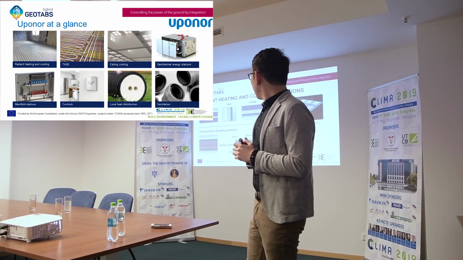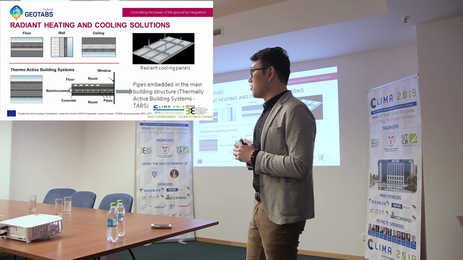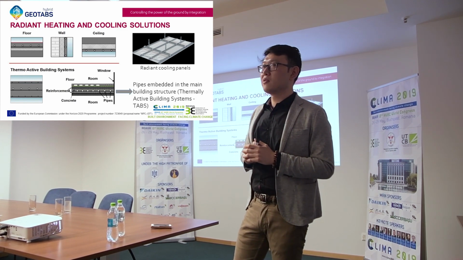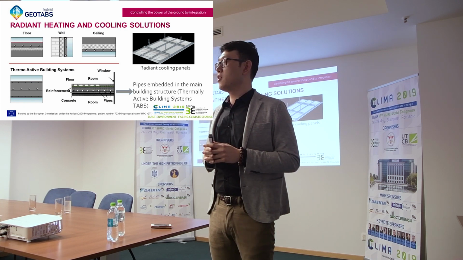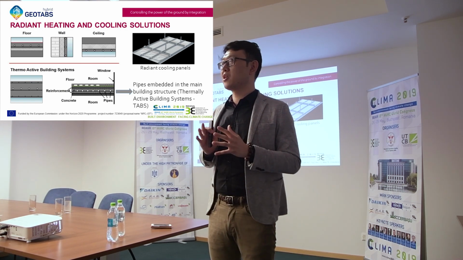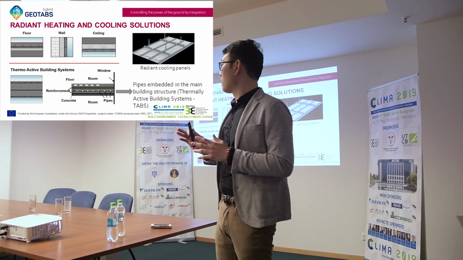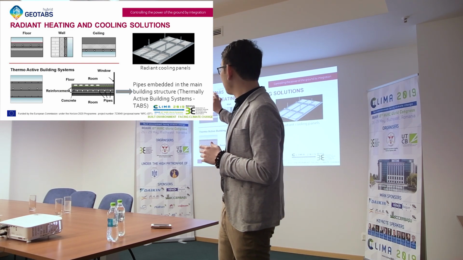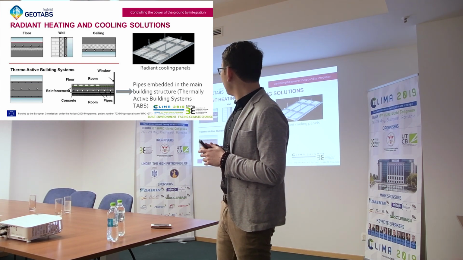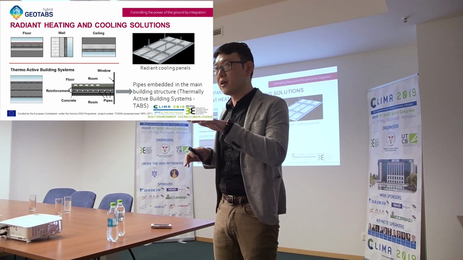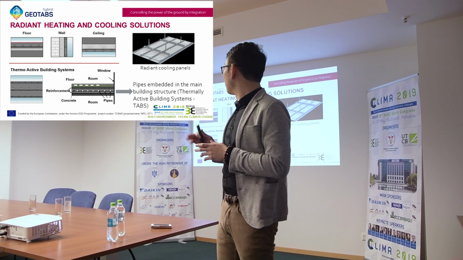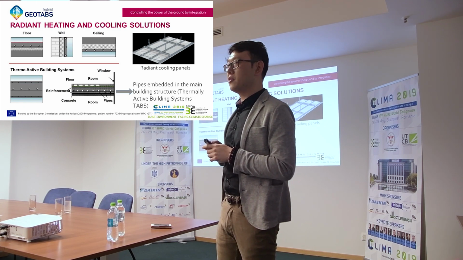So we come to the main content today: TABS. When we're talking about TABS, we usually refer to low temperature heating and high temperature cooling systems. In general, we have three systems. The first one, on the left, is one of the most classical ones: the systems are embedded in the surface of the structure, for example floor, wall and ceiling heating.